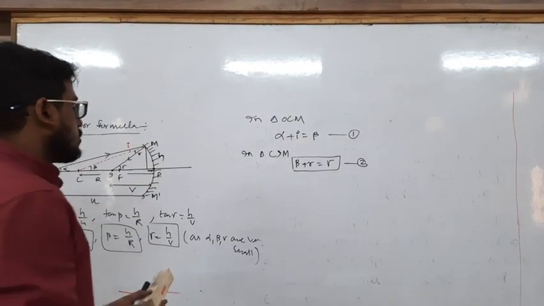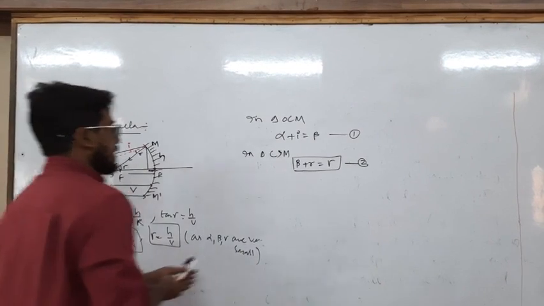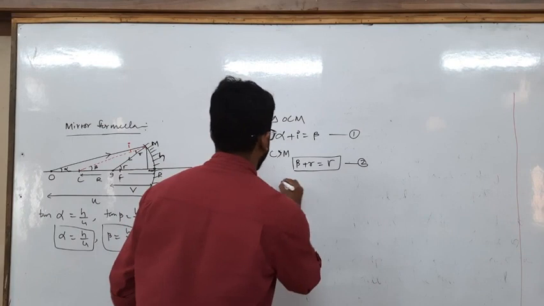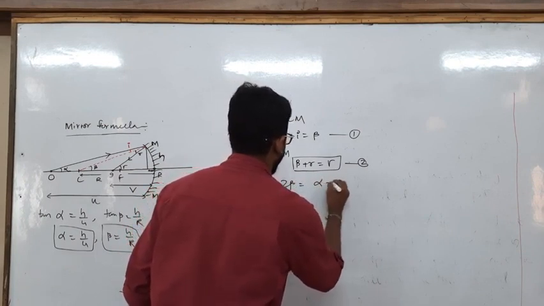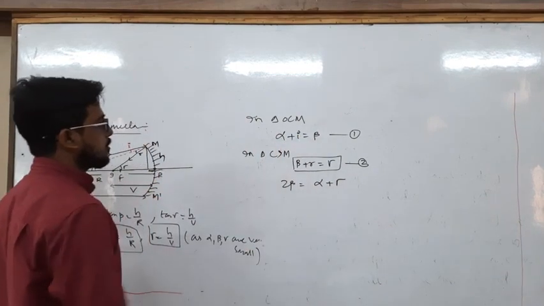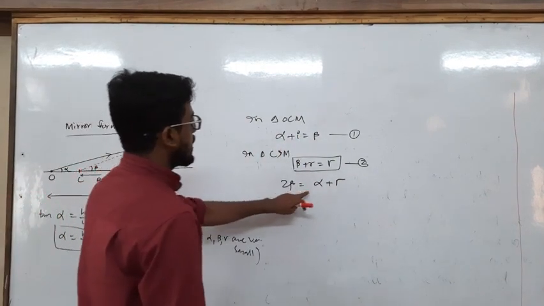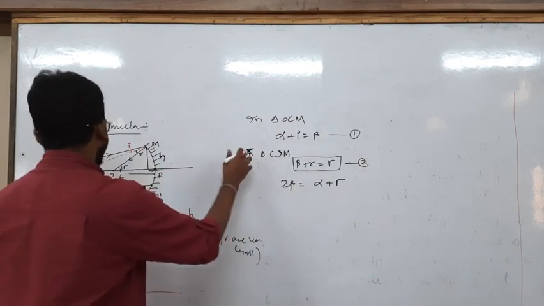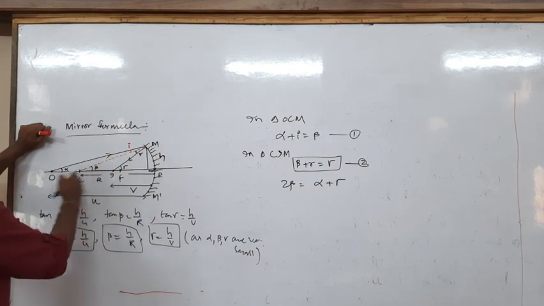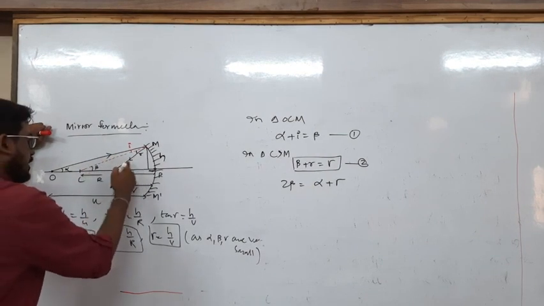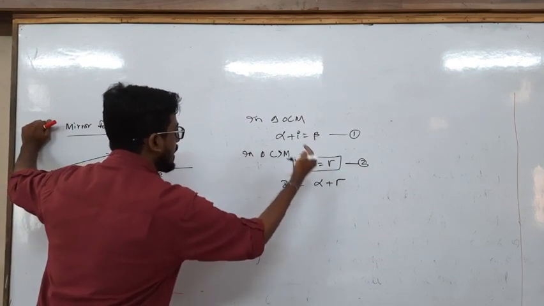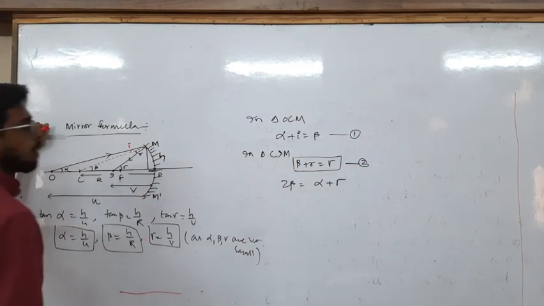So from these two relations, because I and R are equal, we can write 2 beta equals alpha plus gamma, because alpha plus I equals beta from this triangle, and beta plus r equals gamma. So from these two equations, 2 beta equals alpha plus gamma.